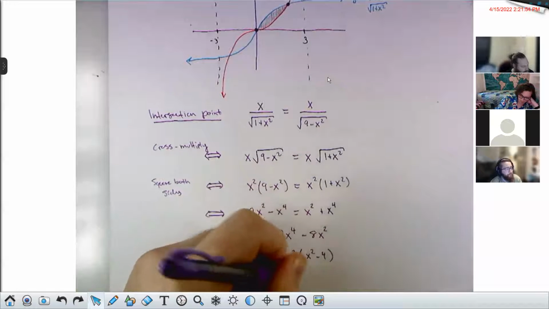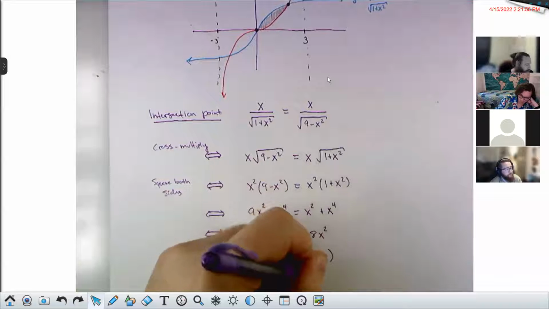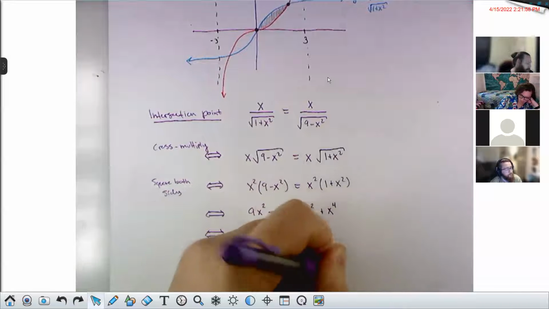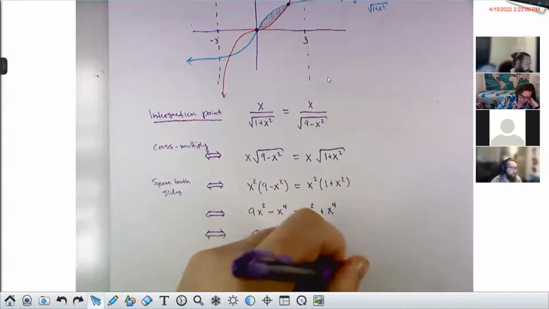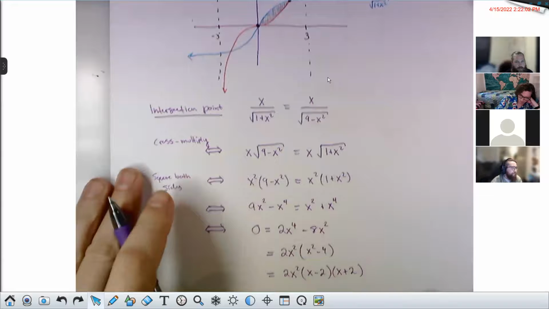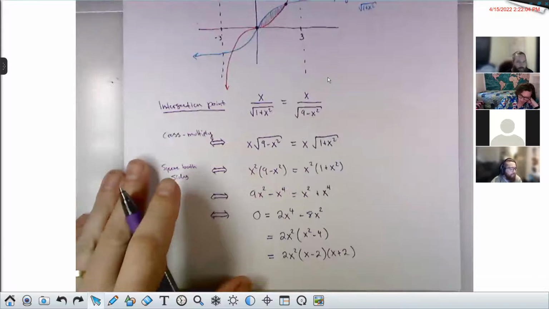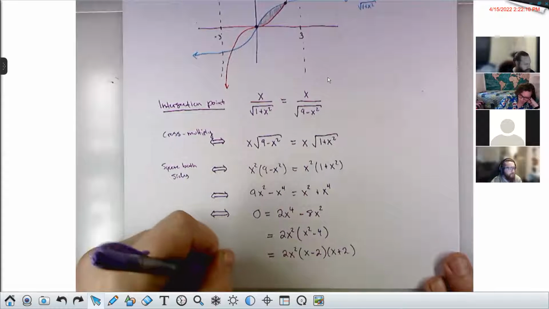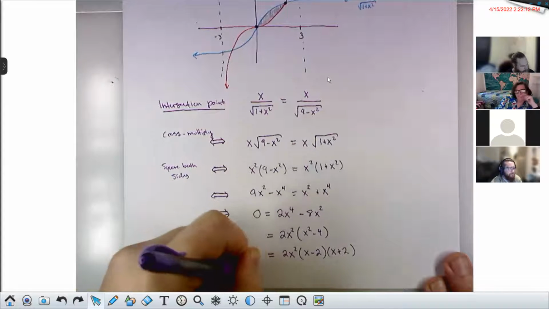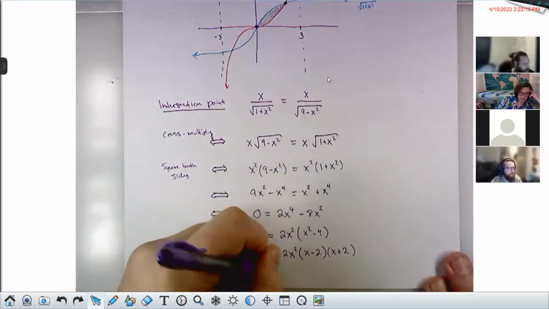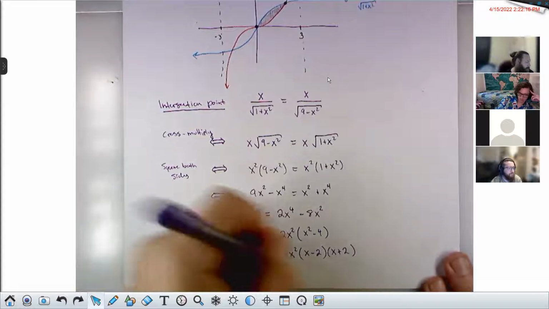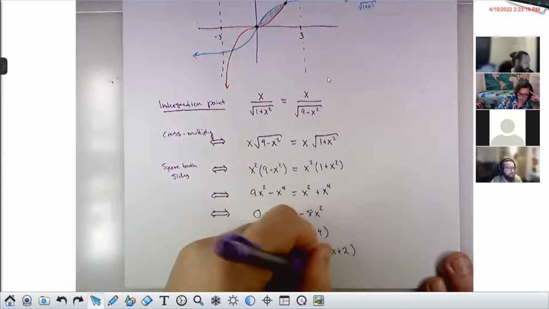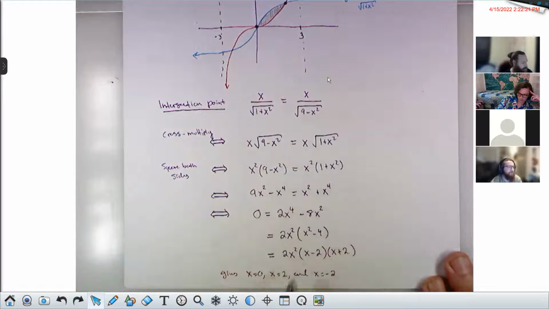And the x squared minus 4, I can factor as a difference of squares. That's x minus 2 times x plus 2. So these two curves will smack into each other at 3 different x values. X equals 0, x equals 2, and x equals negative 2 from each of these factors, respectively.